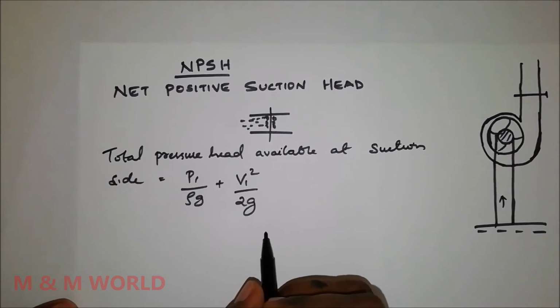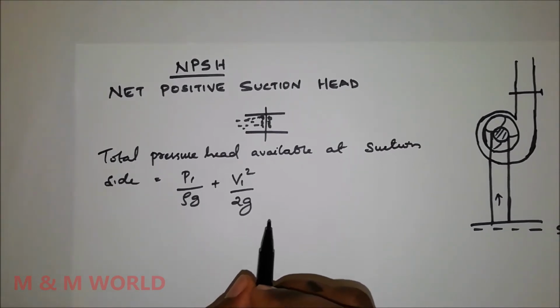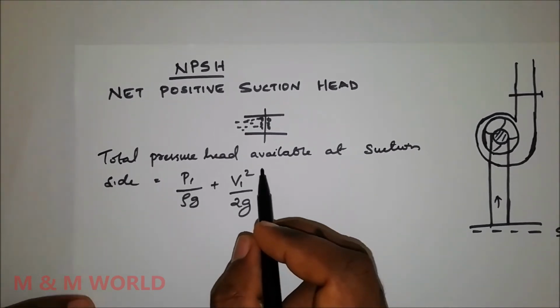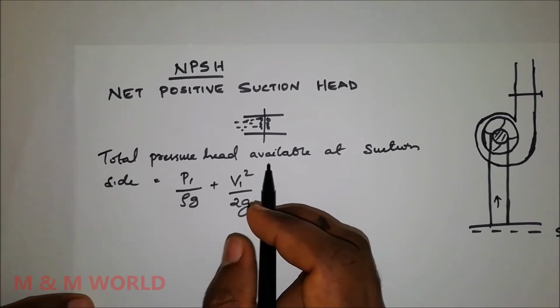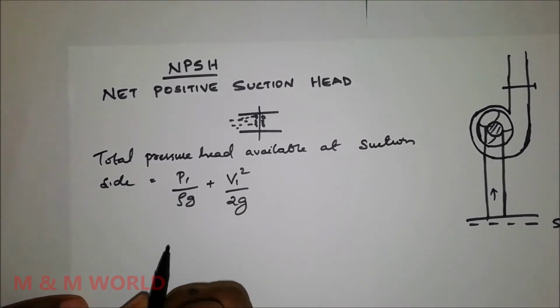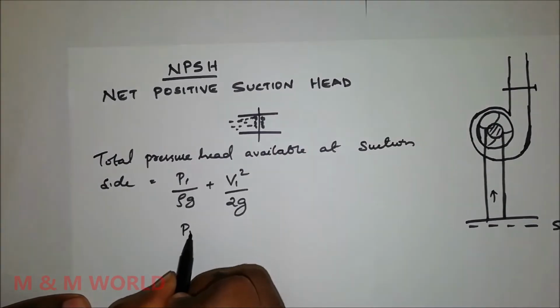And the pressure head corresponding to the vapor pressure is PV by rho g.